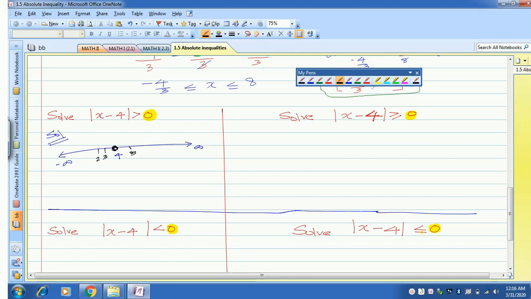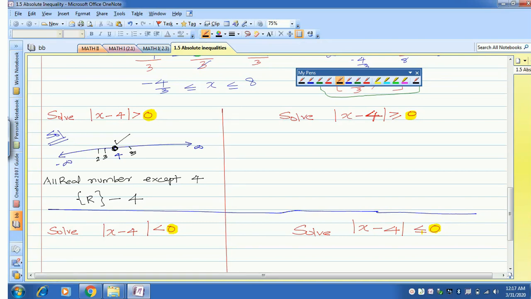So the answer is all real numbers except 4, which I can write as the set of real numbers minus 4. Just leave this point alone, and take all the real line.